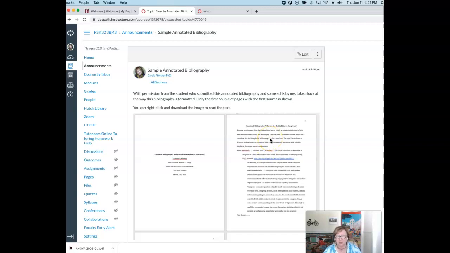Now, in terms of writing the literature review, this was the annotated bibliography. The problem is that with an annotated bibliography, you're going article by article by article. So how do you get from this to a literature review where you're not going article by article, but you're saying, what have I learned from my literature about my topic?